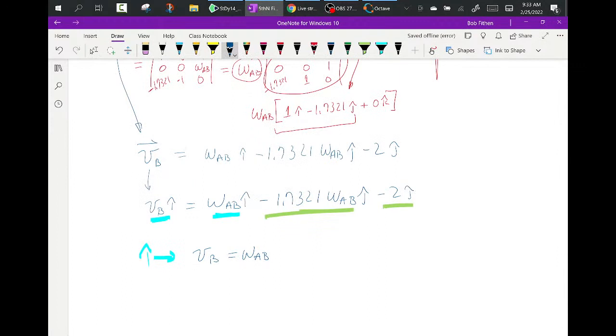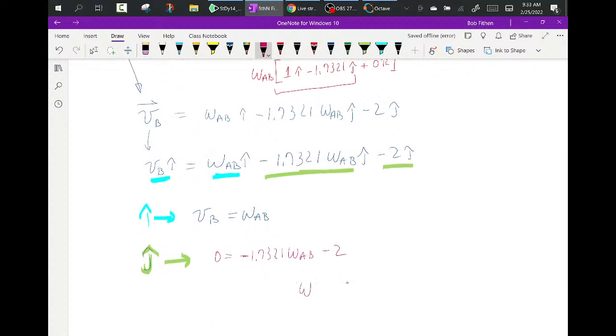My J components are going to be 0 is equal to minus 1.7321 omega AB minus 2.